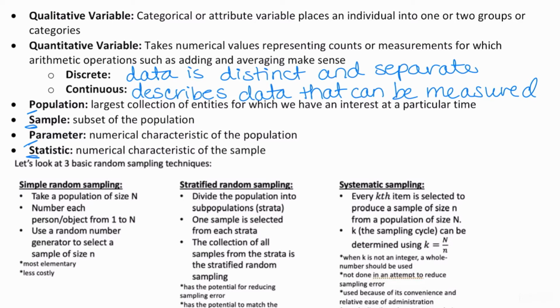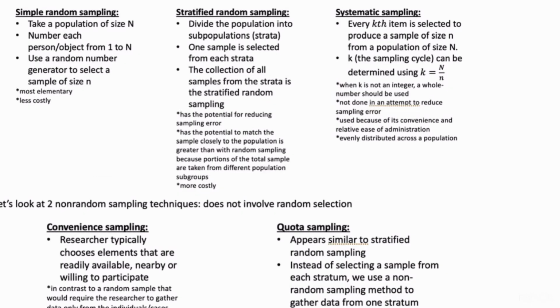In looking at samples, we're going to be talking about sampling techniques. How do we find samples that are going to be representative of the entire population so that we avoid sampling errors? And so we're going to talk about 3 basic random sampling techniques. The first one is the simple random sampling. This one a lot of times is referred to as SRS.